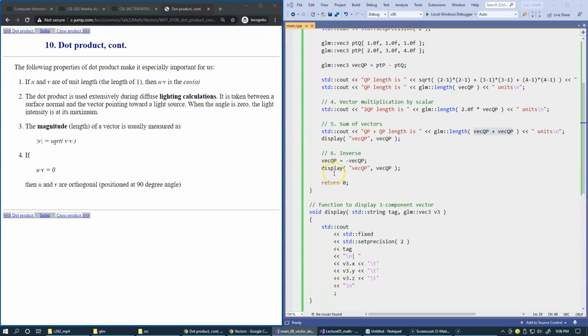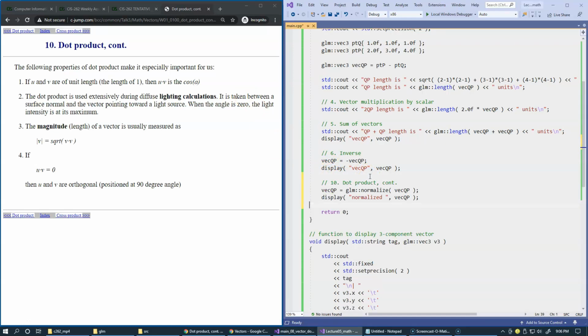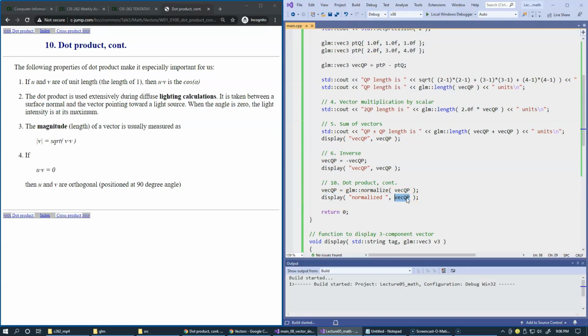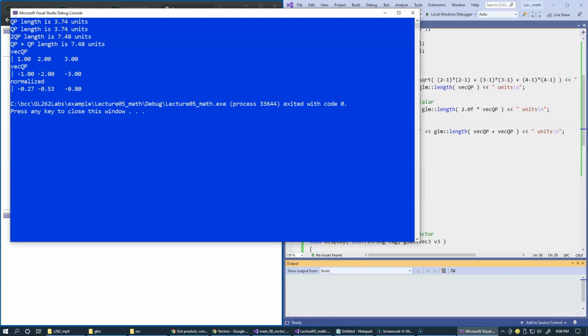Of course, there is a function in GLM where you can normalize your vector, basically bringing the size of your vector, the length or the magnitude of the vector, to unit length, and the function is named normalize. So let's just display the normalized vector. When we run it, you see that the components of the vector are updated.